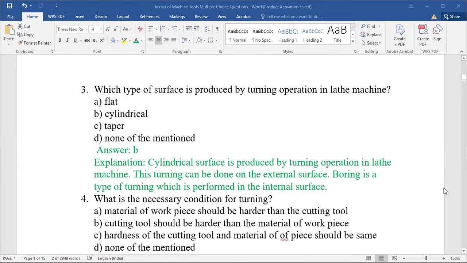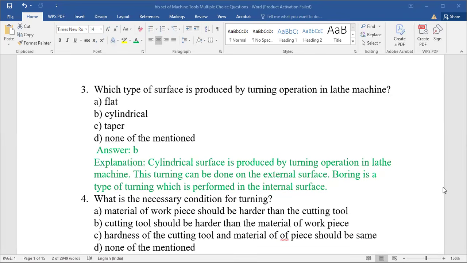Which type of surface is produced by the turning operation in the lathe machine? Flat, cylindrical, taper, none of the mentioned. Answer is B. A cylindrical surface is produced by the turning operation.